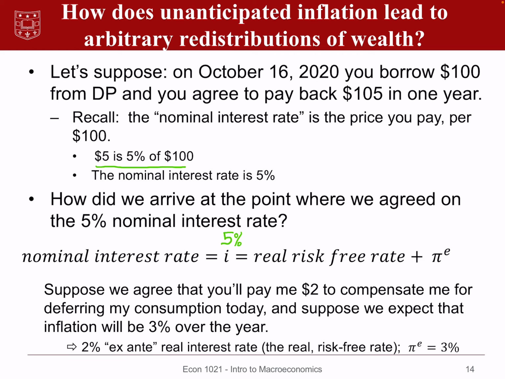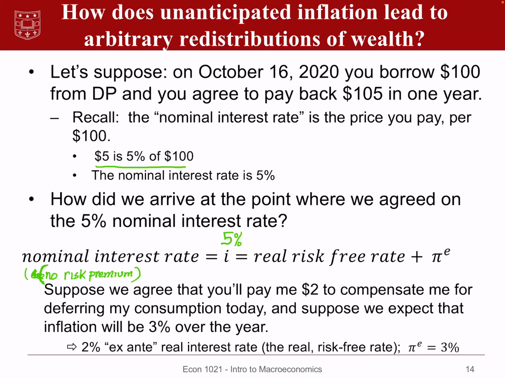And just as a reminder, we're going to say that there is no risk premium. That is something that we'll maintain as an assumption for the duration of this course.